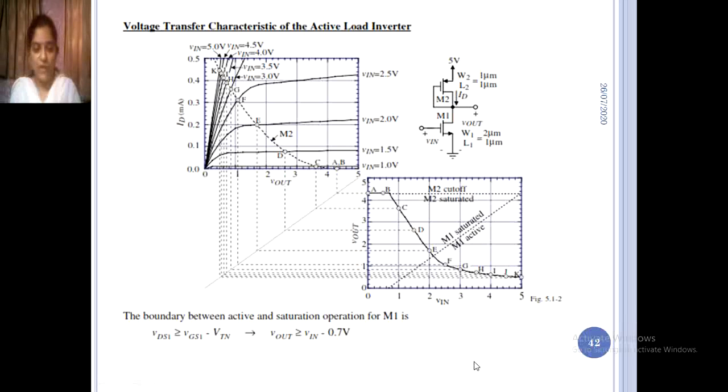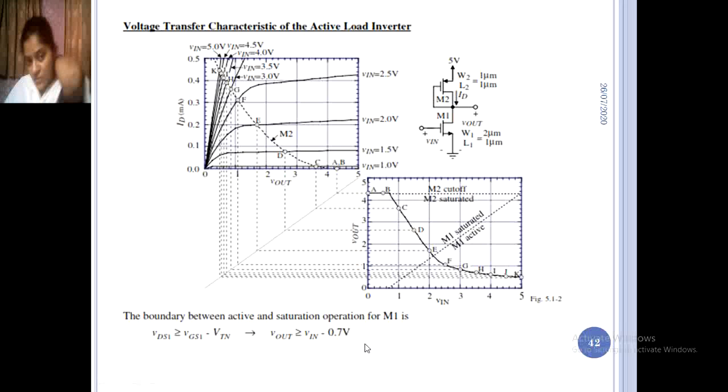The boundary between active and saturation operation for M1 is VDS1 greater than VGS1 minus VTN, or we can say Vout is greater than Vin minus 0.74.